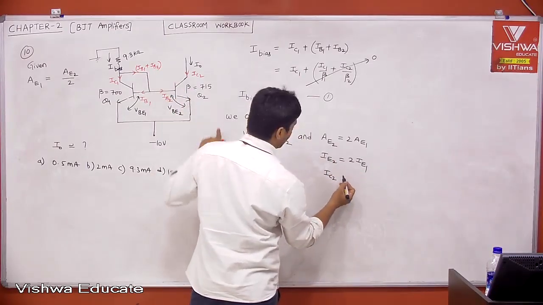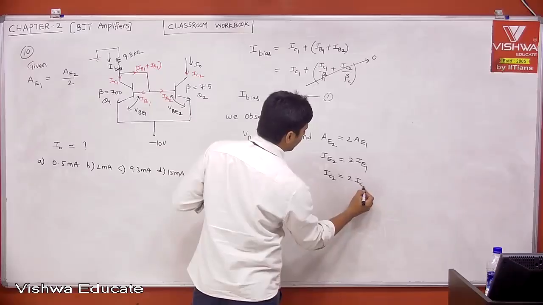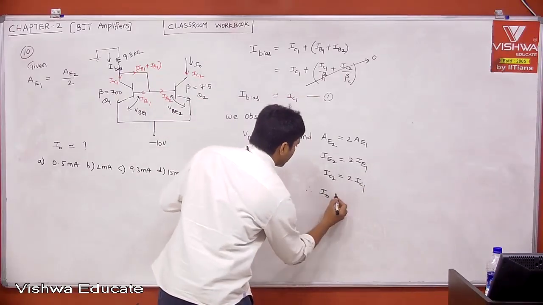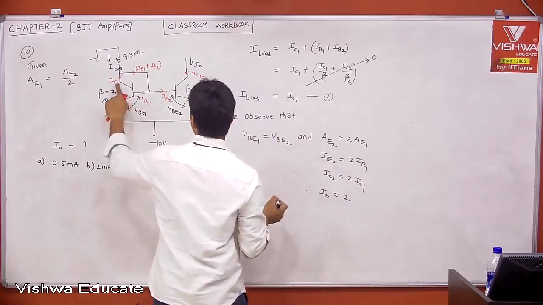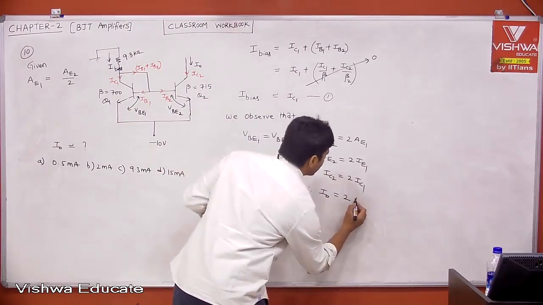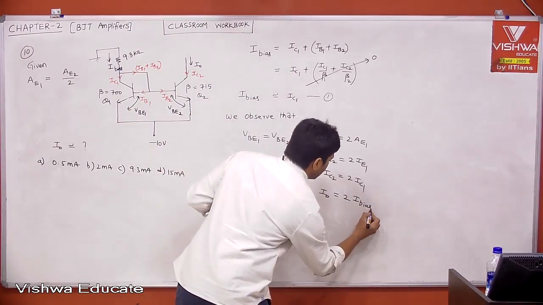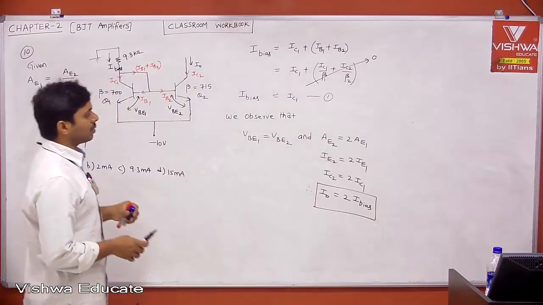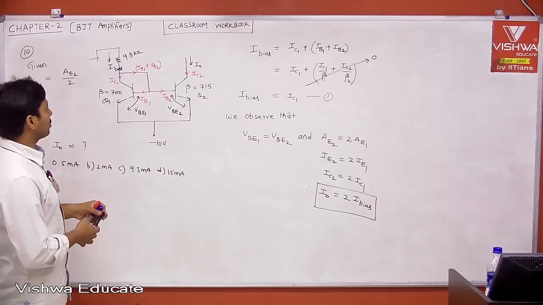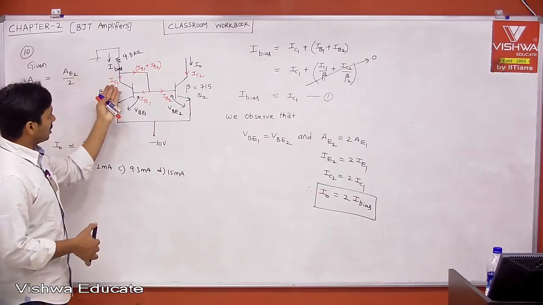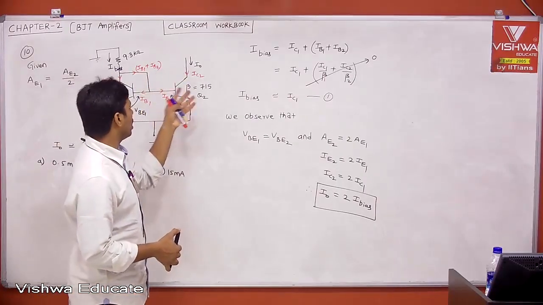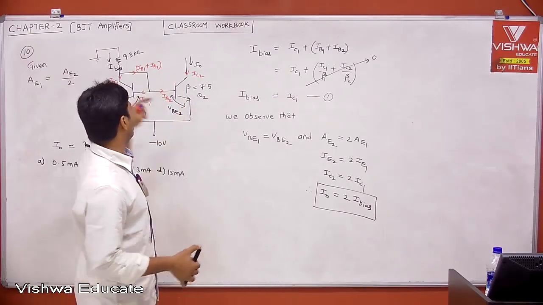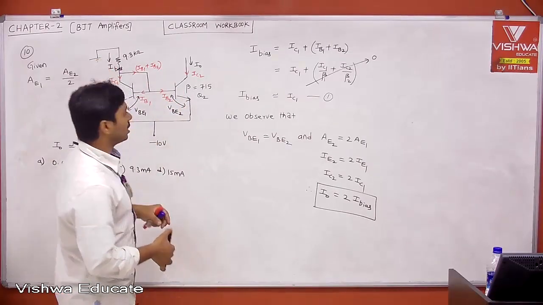Because beta is very large, IC2 is equal to 2 times IC1. IC2 is your output current I0. Therefore, I0 is equal to 2 times IC1, and IC1 is I bias. That is what I told you, current mirror. Whatever current flows through transistor 1, the same current will flow through transistor 2 provided the same area, but here it has 2 times the area, that's why 2 times the collector current of transistor 1.